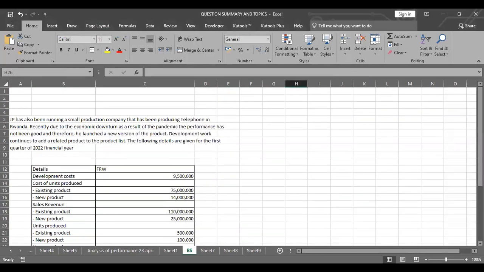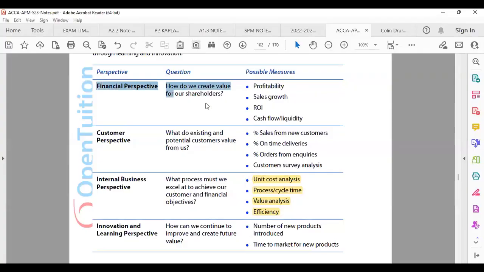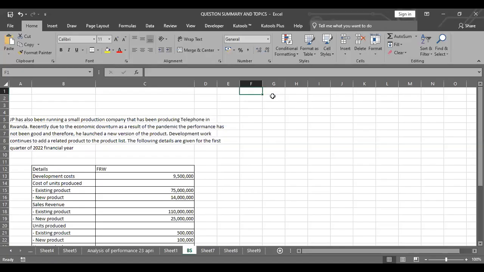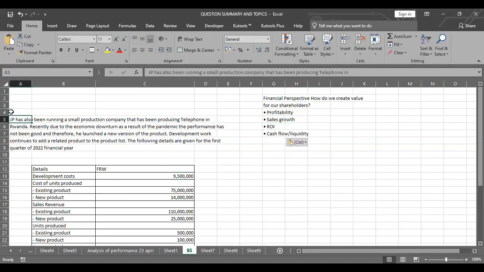If you check again, on that slide here, there is the financial perspective, which involves profitability growth and sales growth, and in those cases, return on investment. So you have to check that and see. And this is, of course, what we need to do and find out.